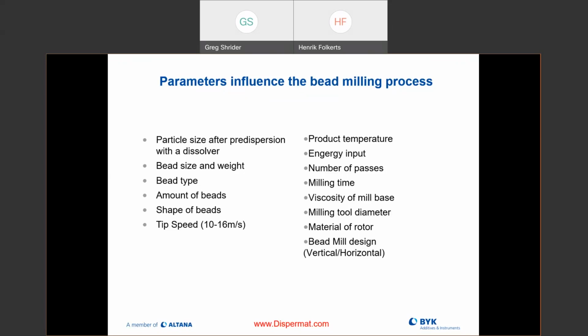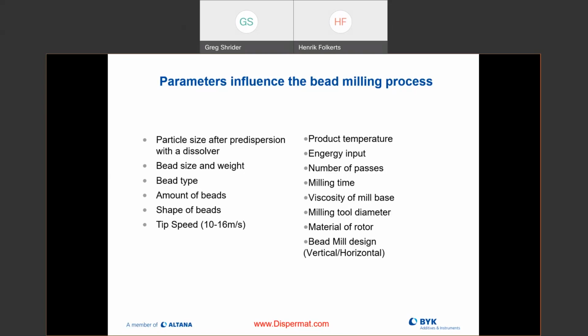And then obviously the milling tool diameter is just as critical in my milling system. The rotor, or my milling tool diameter, is very critical, just as critical as with my Cowles blade. Then obviously the type of material that I'm using. When I'm milling, I can put a lot of shear stress into my mill base. And the rotor, if it's, let's say, stainless steel and I'm making a white product, TiO2, what happens?